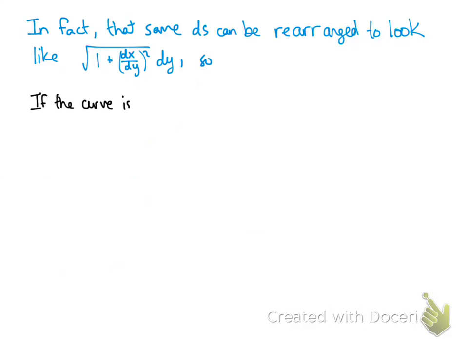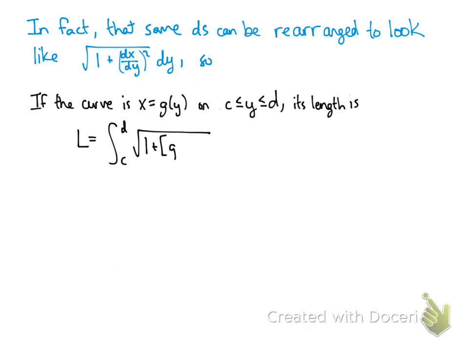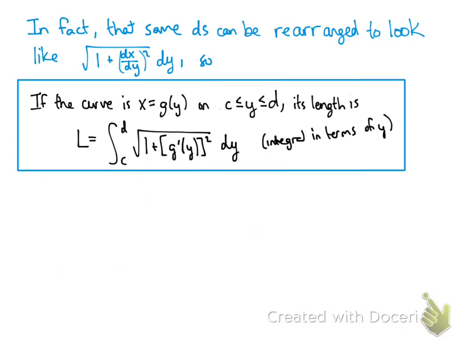So if we think of the equation as x equals a function of y, from y equals c to y equals d, I can rewrite the arc length integral like this, the integral from c to d of the square root of 1 plus the derivative of that g function squared with respect to y.